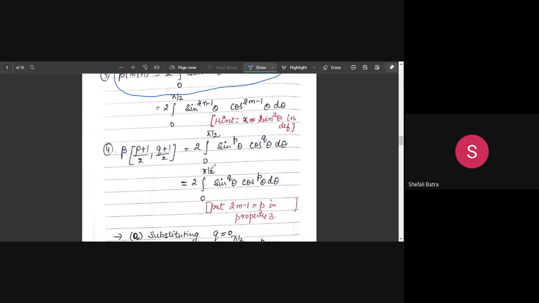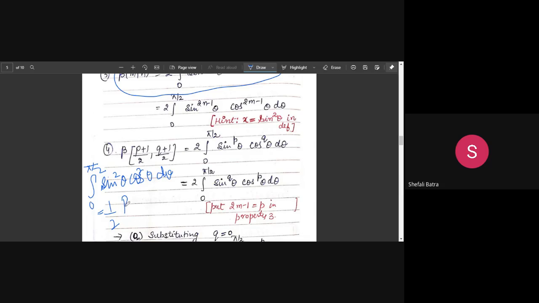How will you use this property? If I'm asking you integral 0 to pi by 2 sine square theta into cos square theta d theta, evaluate this integral. So what will you do? This 2, you'll be writing here 1 by 2, right?